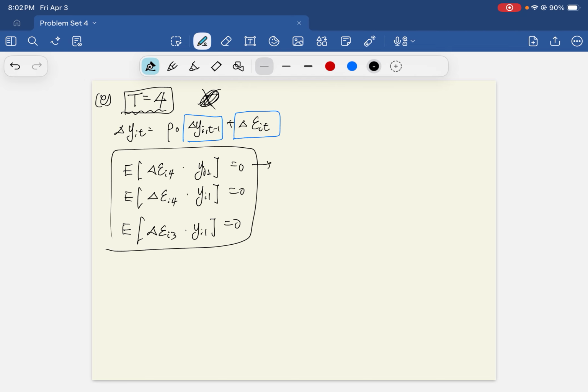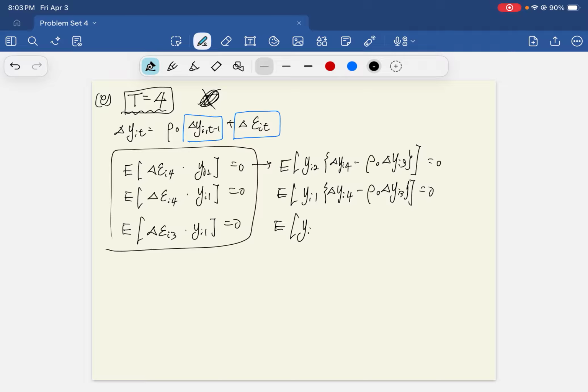In the moment condition form, you write this as the expectation of delta y_i4 minus rho_0 delta y_i3 equals 0, and y_i1 is uncorrelated with delta y_i4 minus rho delta y_i3, and y_i1 can be used as an IV for both.